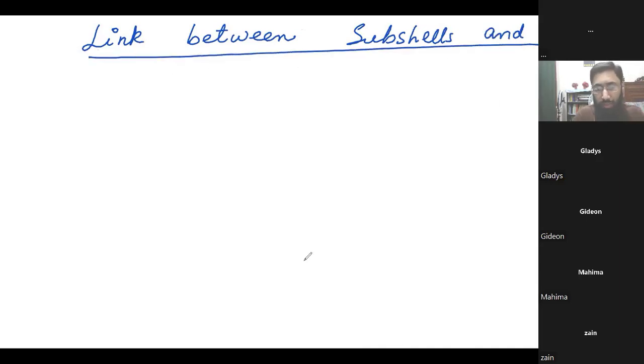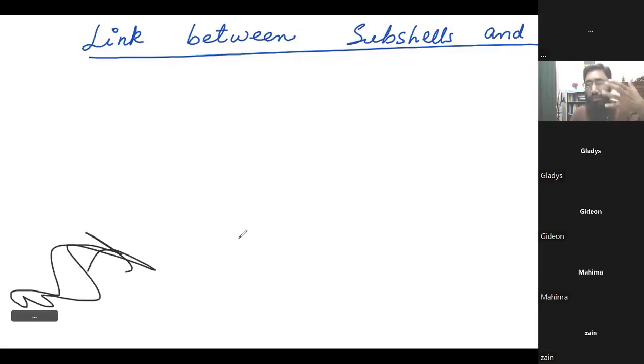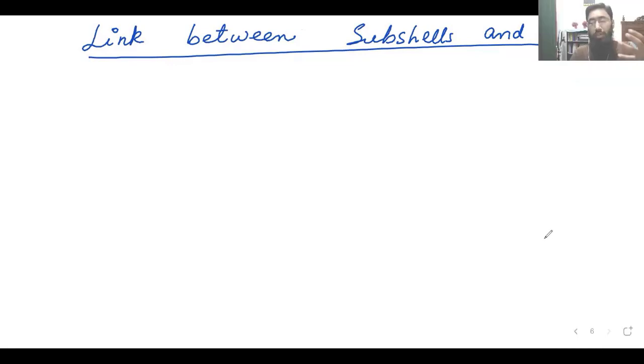This is a pretty simple link. Yes, there is a link between subshell and shell. Why? Because subshells are part of shells.